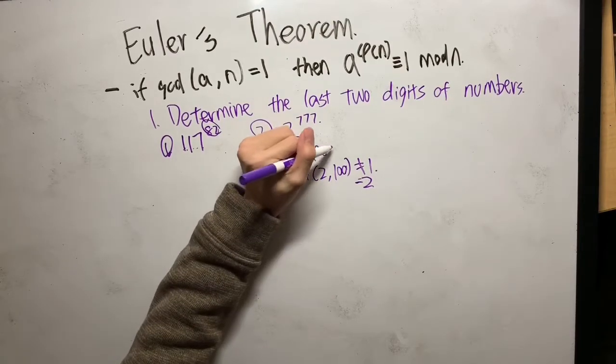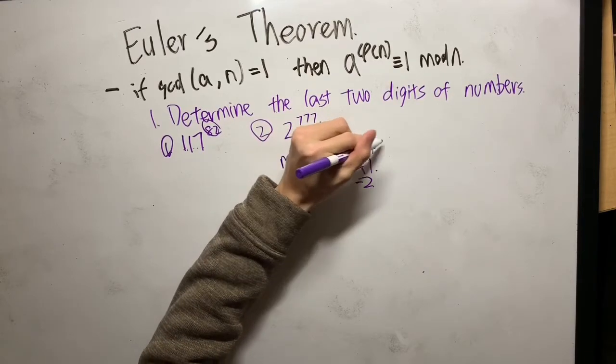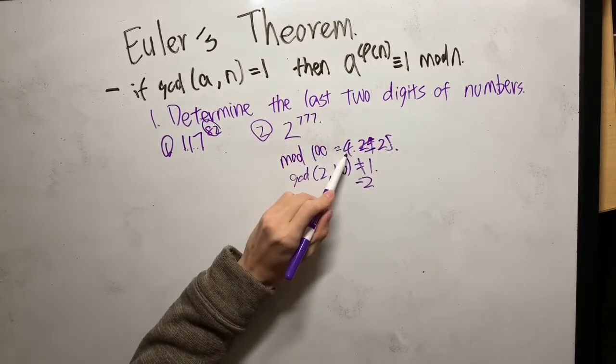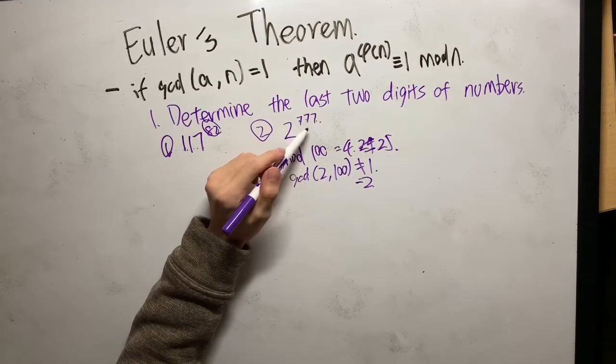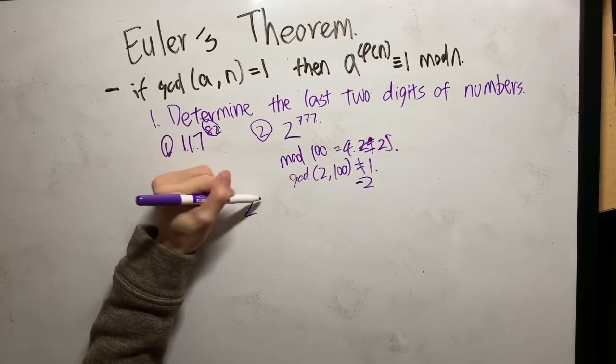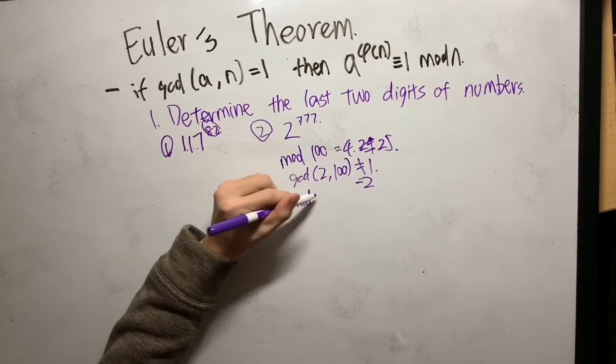But 100 also equals 4 times 25. And we know that 4 divides 2 to the 777, so we can only find 2 to the power of 777 mod 25.